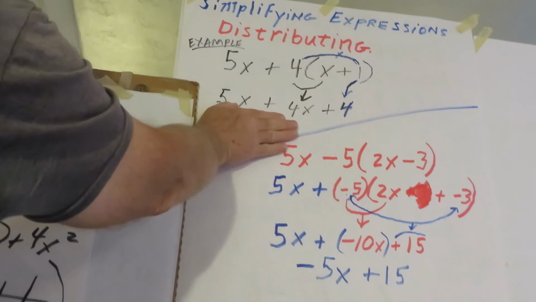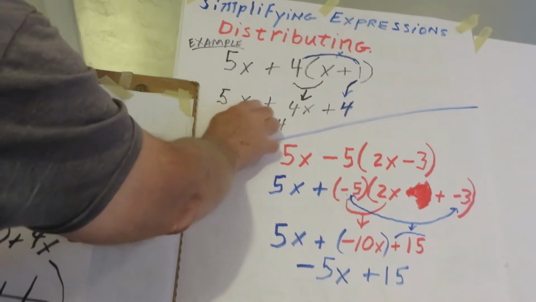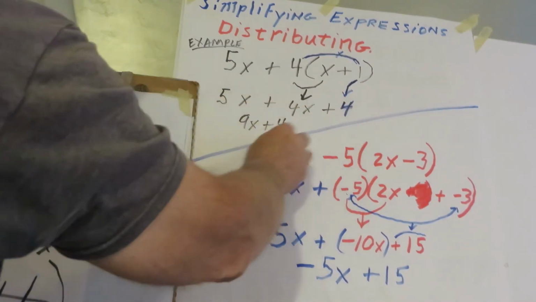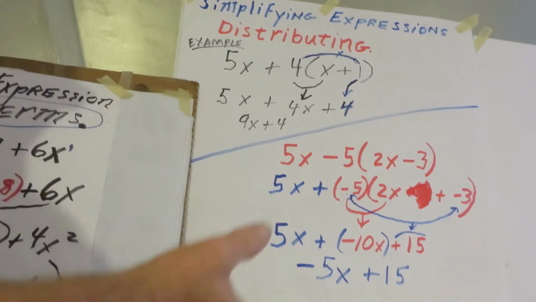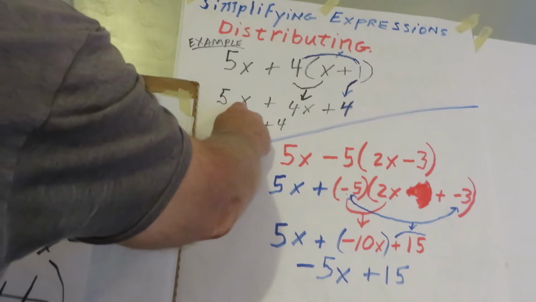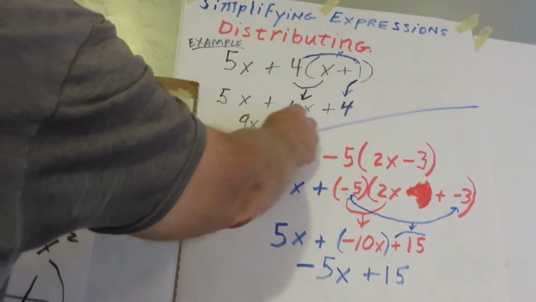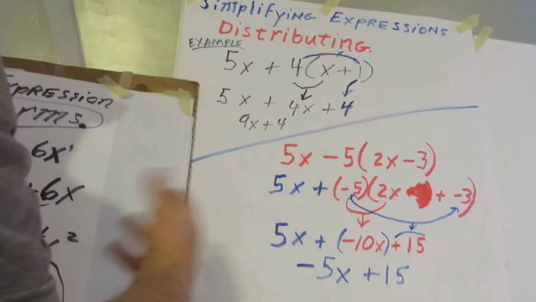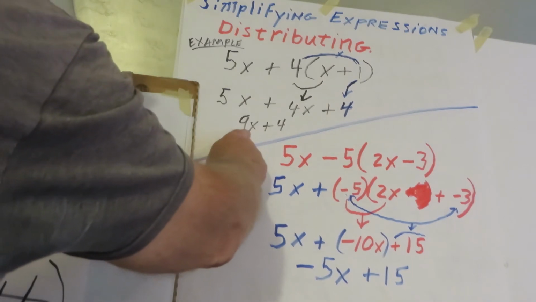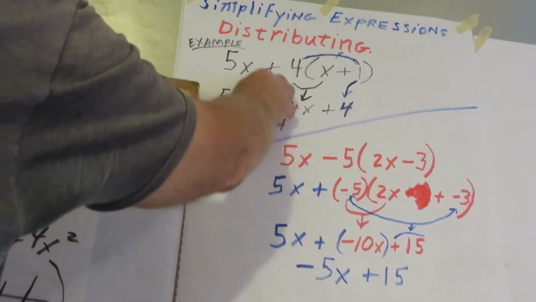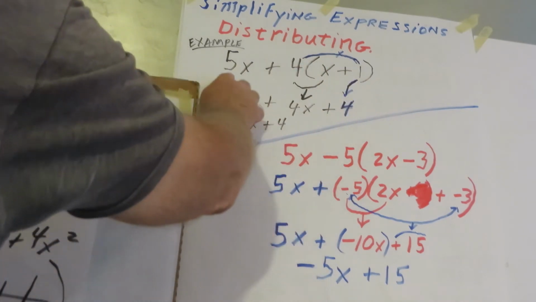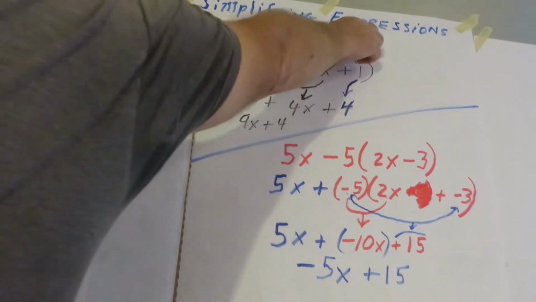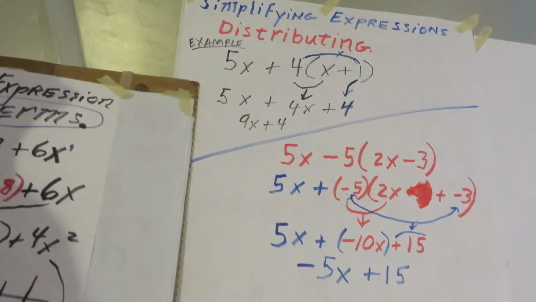And so then I get 5x plus 4x plus 4, combine the 5x and the 4x because they're like terms. They're both the same variable and to the same power of 1, so they can become 9x plus 4. I used distributing in order to simplify this algebraic expression.